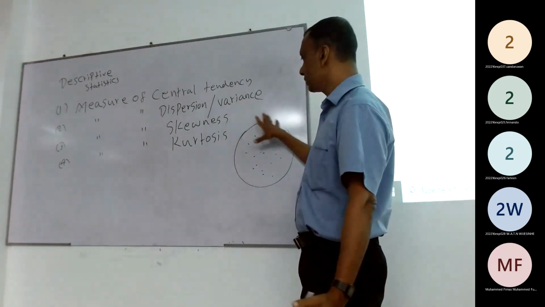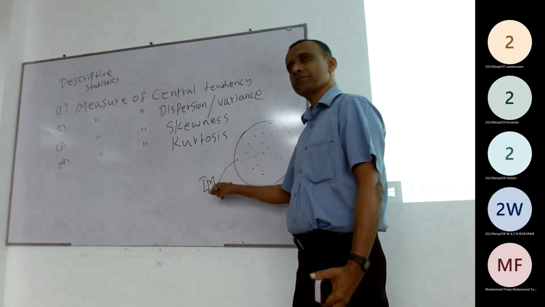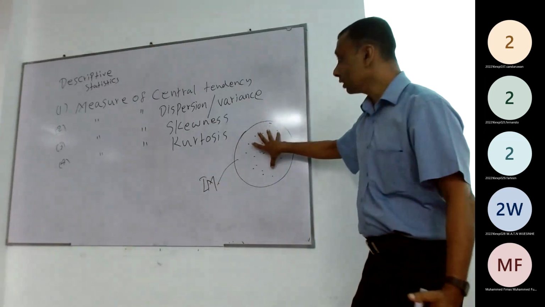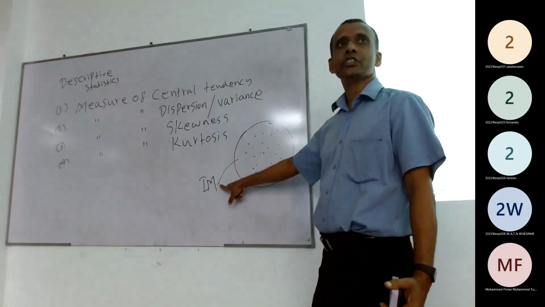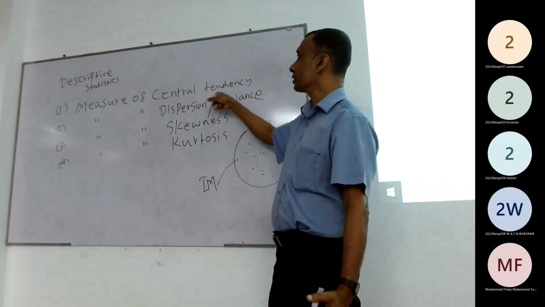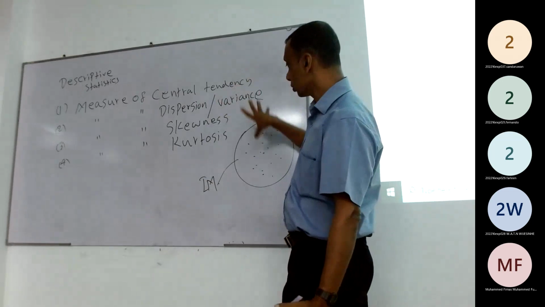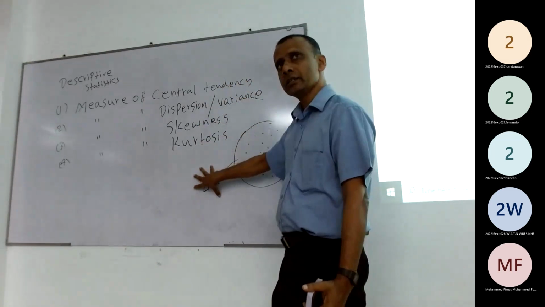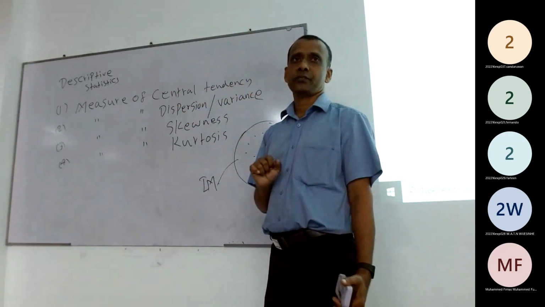To represent all these data, you need to calculate individual measurements. When you calculate one measurement to represent all the data, then you can take decisions based on that. Therefore, these individual measures are called measures of central tendency.